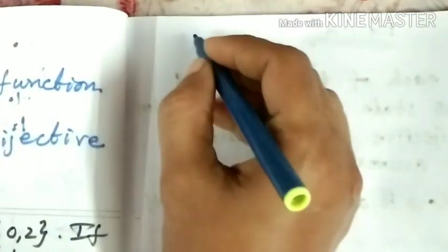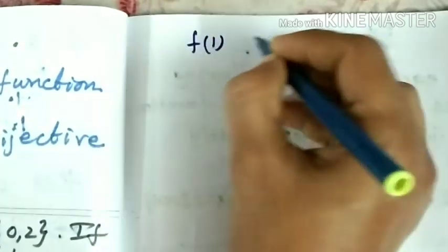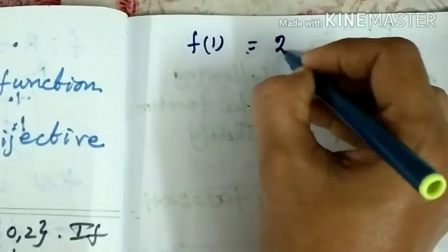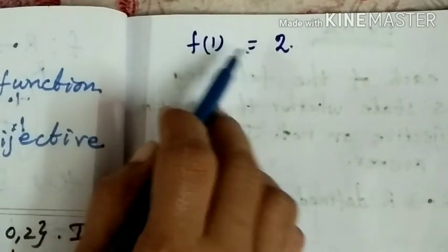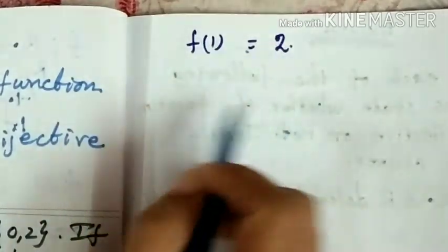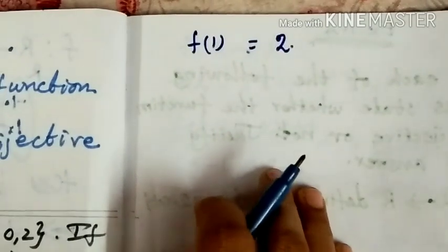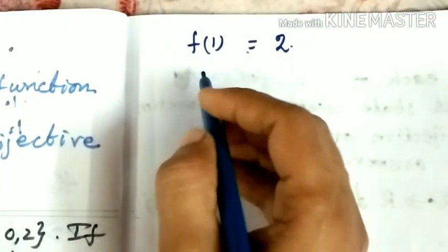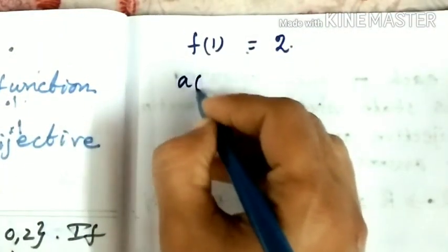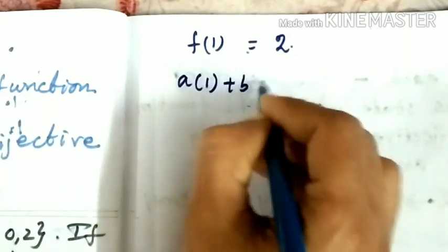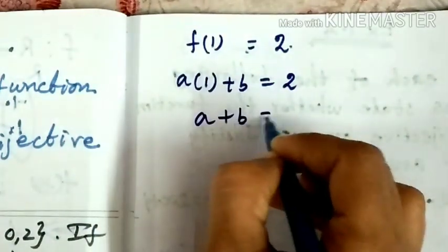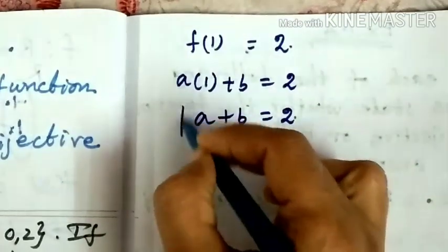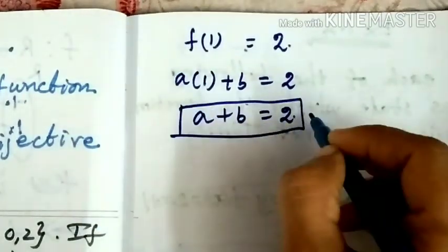We take f of 1 equal to 2. That means the element 1 has the image 2. Then replace x with 1, we get a into 1 plus b equal to 2. That is a plus b equal to 2. This is equation number 2.